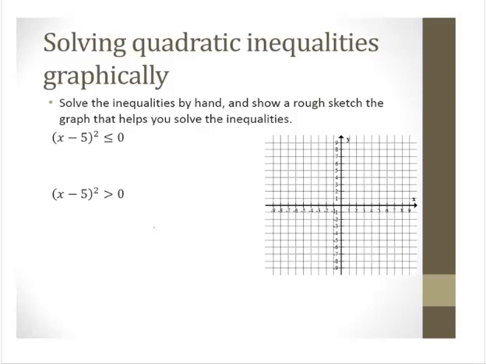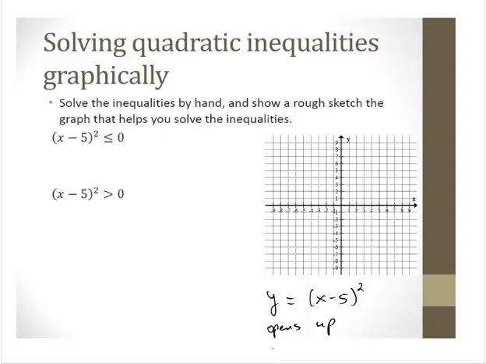Here's another example. Here we have x minus 5 squared is less than or equal to 0, and x minus 5 squared is greater than 0. So let's think of the graph of y equals x minus 5 squared. I know it opens up. Now, with this one, if we think of it in terms of shifts, as its vertex form, it's only shifted left 5.